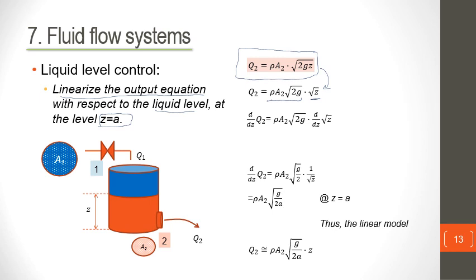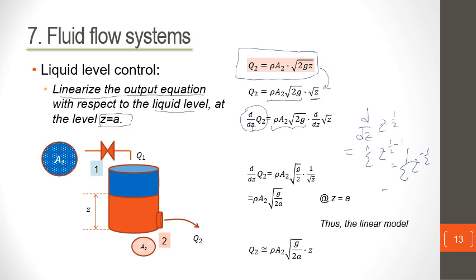Now, if we want to linearize this, we know that we have to take the first derivative of Q with respect to Z. Because the rest of these other terms have nothing to do with Z, we'll take the derivative of the square root of Z with respect to Z. So this would be the derivative of Z to the power half, which is half of Z to the power 1 over 2 minus 1, which is simply half Z to the power negative 1 over 2.